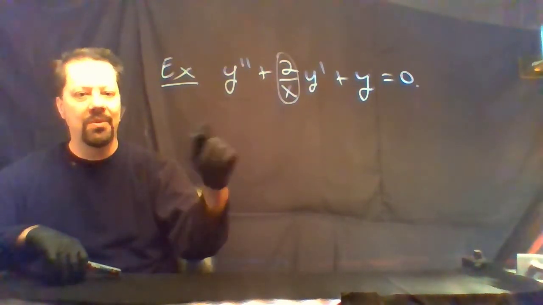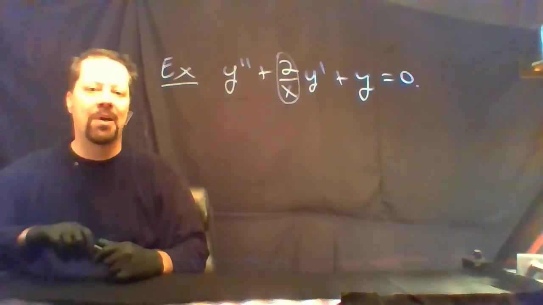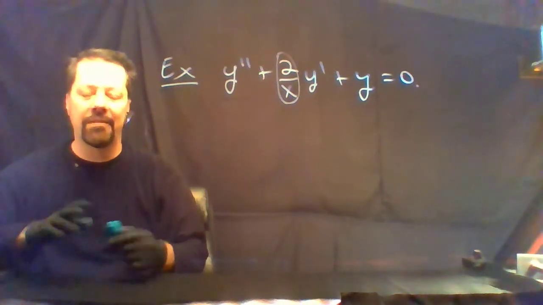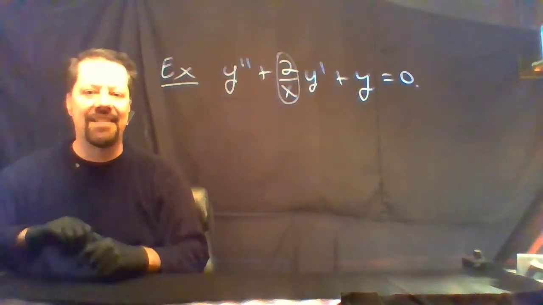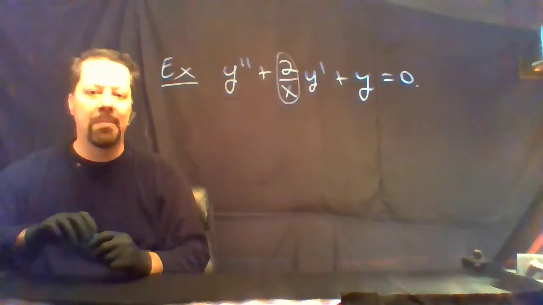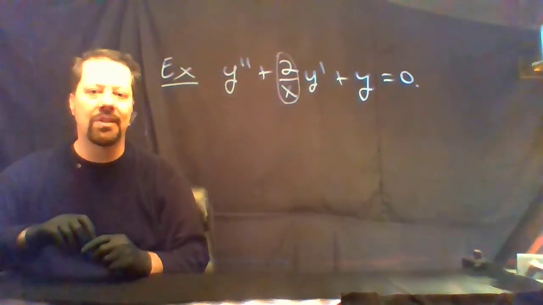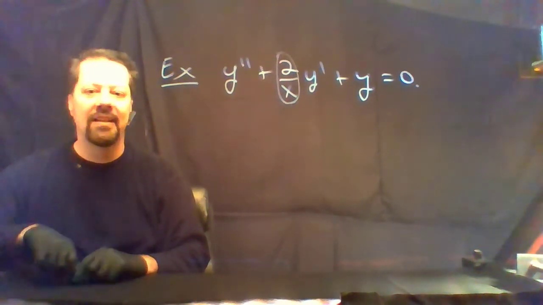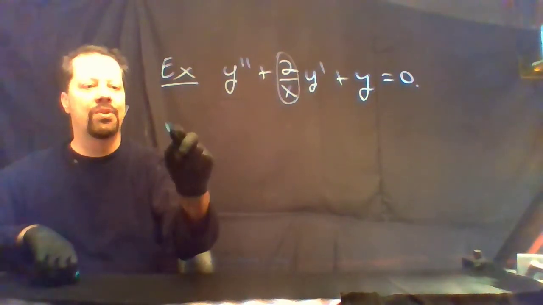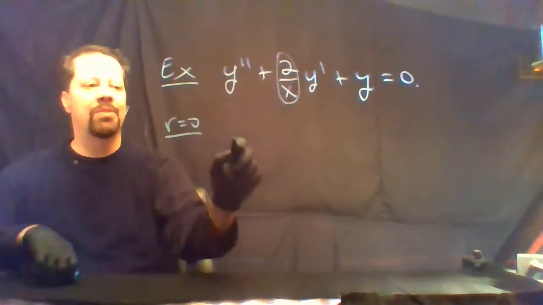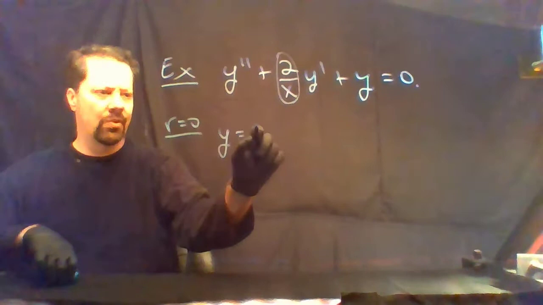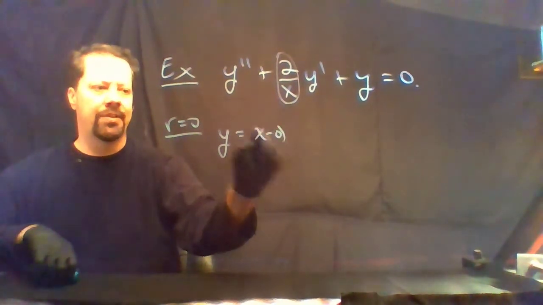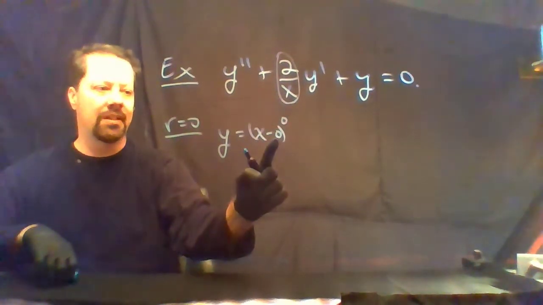Which of those two solutions you get depends upon the value of r that you work with. However, for sake of definiteness, the method of Frobenius usually assumes that you choose the larger of the two. In this case, we'll choose r equal to 0, which means that y is going to be x minus 0 to the power 0. This is our singular point.